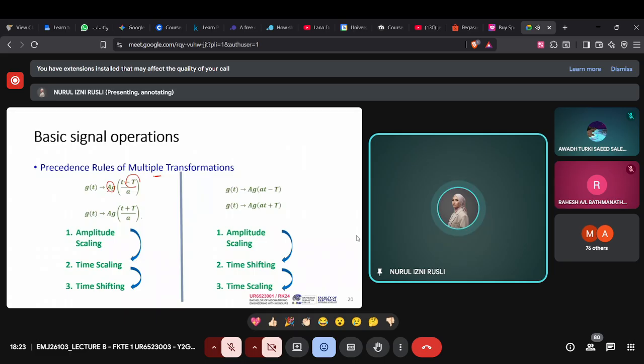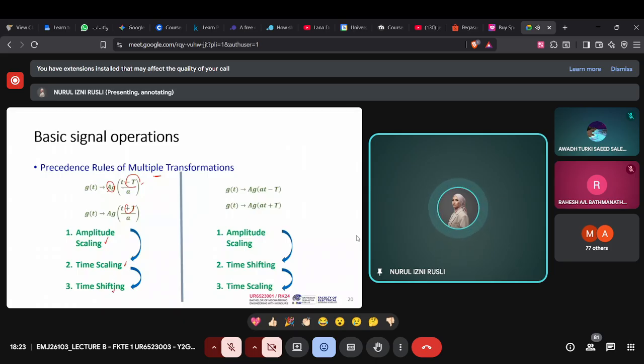This one is time shifting for delay, this one is time shifting for advance. So whenever you have this kind of transformation, you have to do the amplitude scaling first, and then the time scaling, and lastly the time shifting.